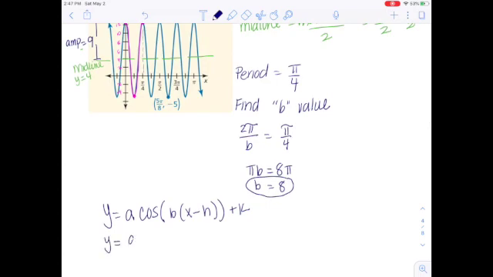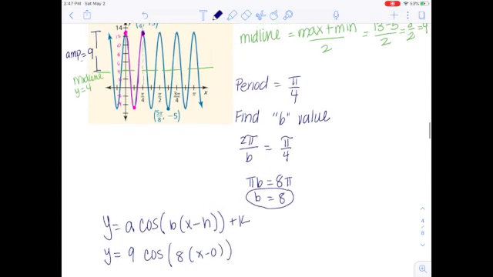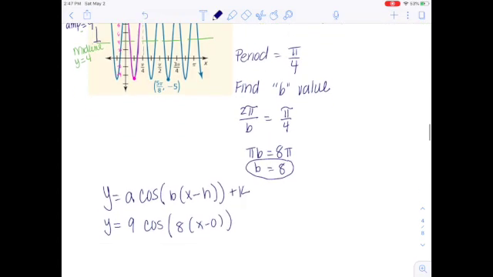So y is equal to your amplitude, 9, cosine, our b value is 8, multiplied by x minus 0, and plus our midline is 4, so plus 4. Simplify it a little bit, 9 times cosine of 8x plus 4.